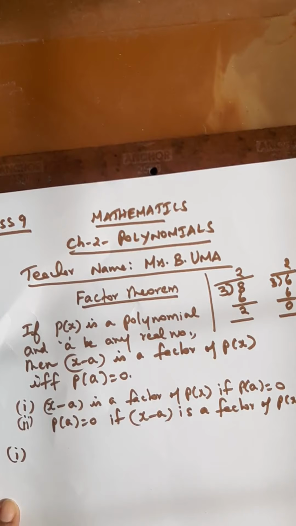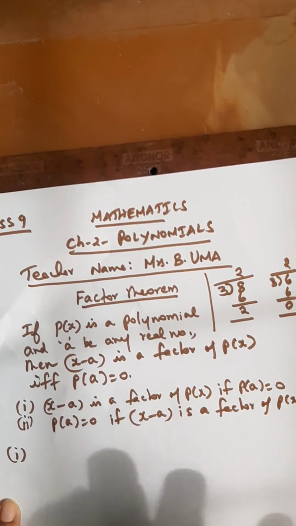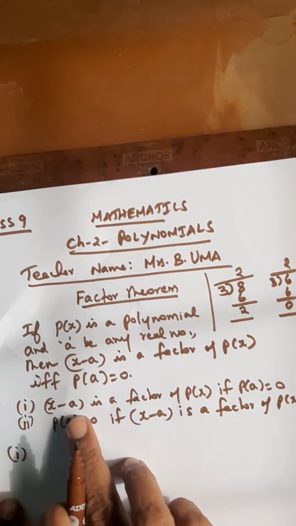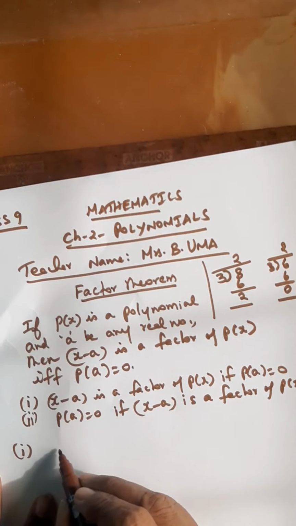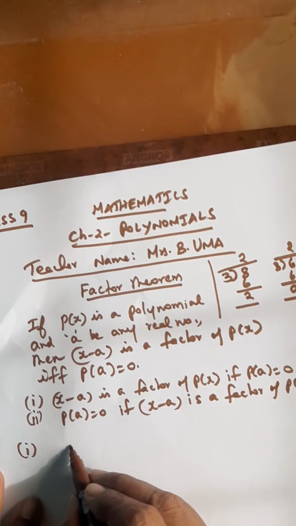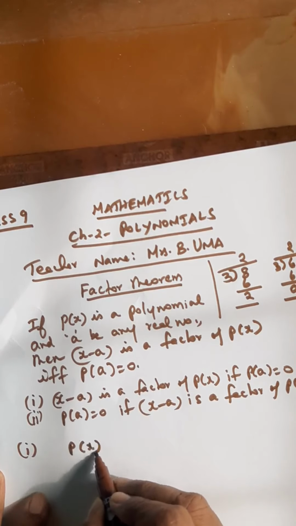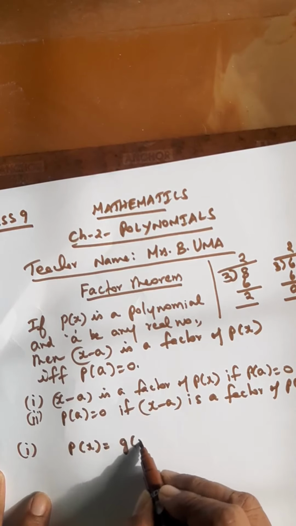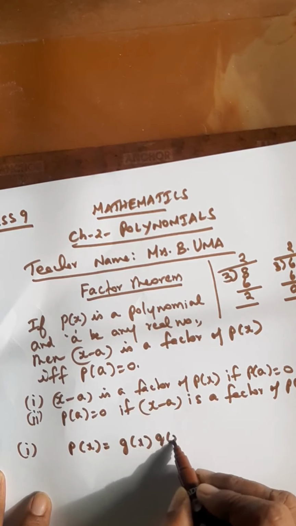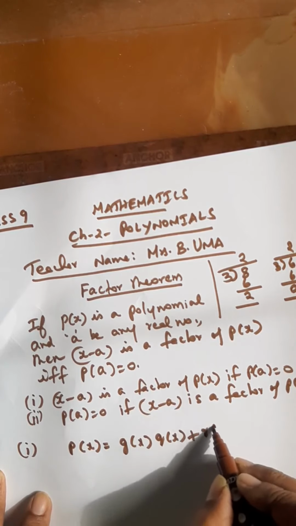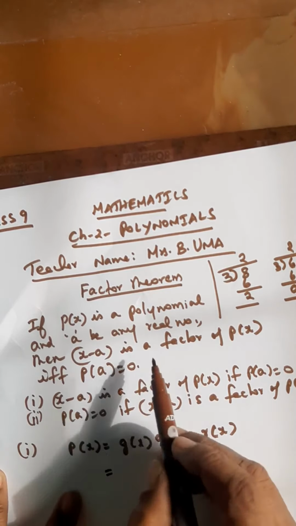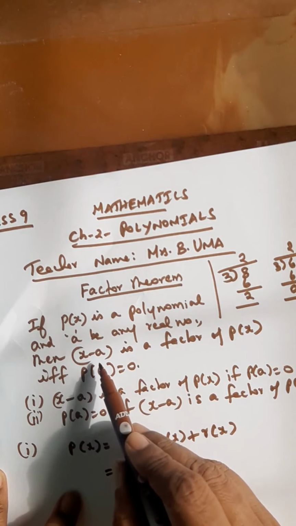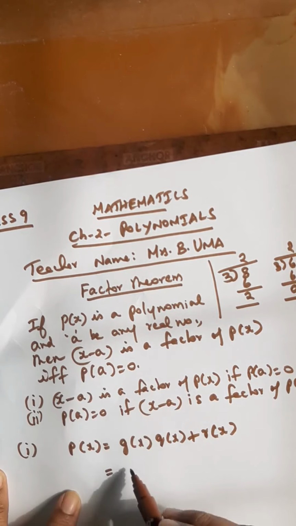Given P of a equal to 0, I have to prove x minus a is a factor of P of x. Now by division algorithm, what does division algorithm say? Dividend equal to divisor into quotient plus remainder. Now here divisor is x minus a.